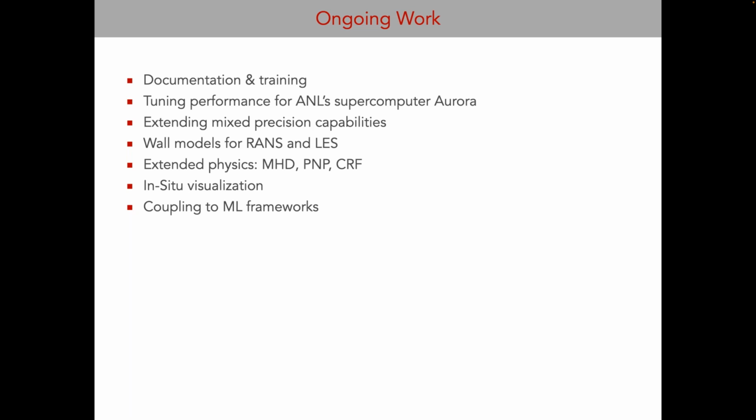We're also working on tuning the performance for ANL's latest supercomputer called Aurora, which will come online next year, which is using Intel GPUs. And we're extending our mixed precision capabilities. That's also kind of a hot topic, and we're using mixed precision already, but there are many more areas where we want to explore this option if it provides any performance benefits.